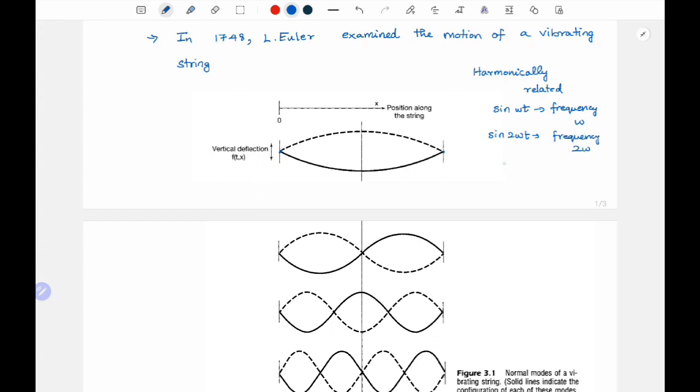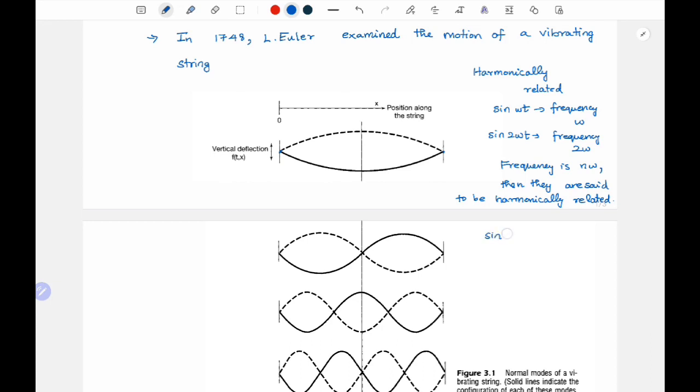If it is such that the frequency is n omega, then they are said to be harmonically related. So all these sine omega, sine 2 omega, sine 3 omega and so on are harmonically related.